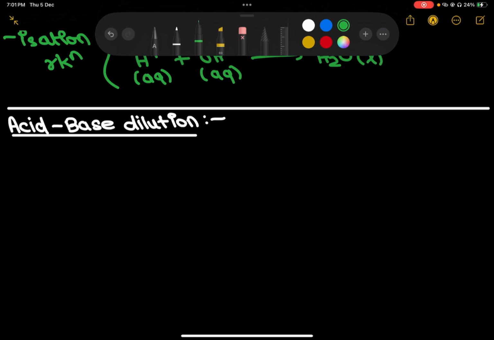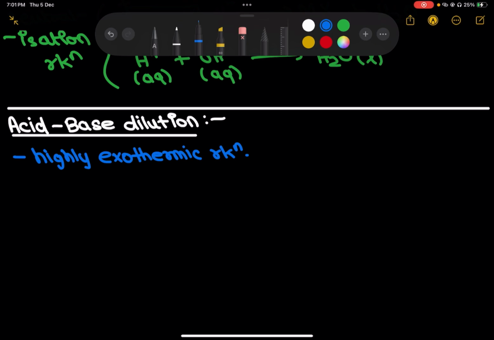When an acid or a base is dissolved in water, a huge amount of heat is produced. So it is a highly exothermic reaction. I'll write it down: highly exothermic reaction.